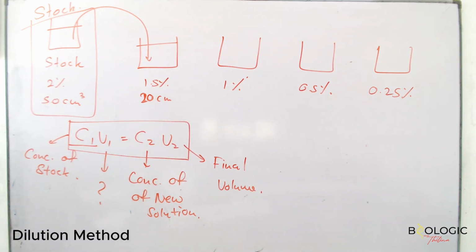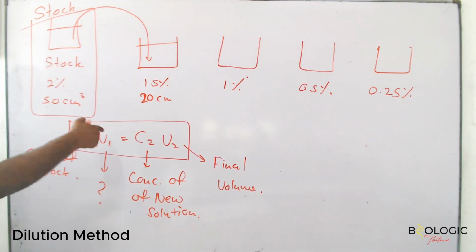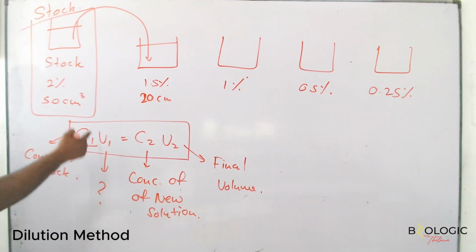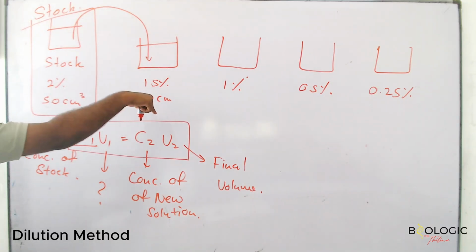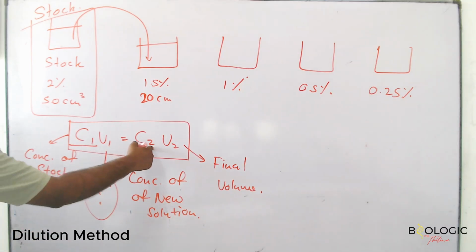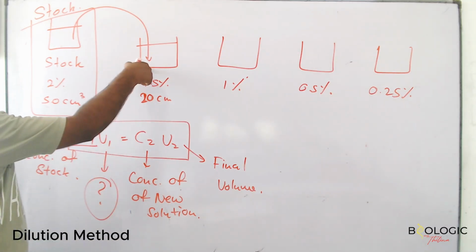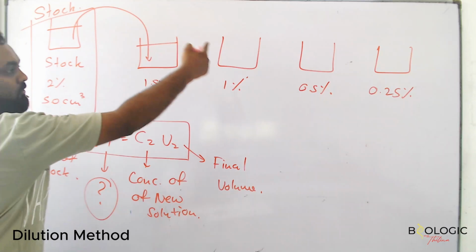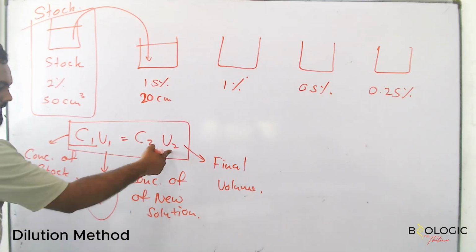Remember the equation. You can prepare any dilution by using this. C1 represents the concentration of the stock solution. V1 represents the volume you need to get to prepare the second one. So that's the one you always need to find out. C2 is the concentration of the new solution. In this case 1.5. If you go to this one, it is 1%. V2 is the final volume.